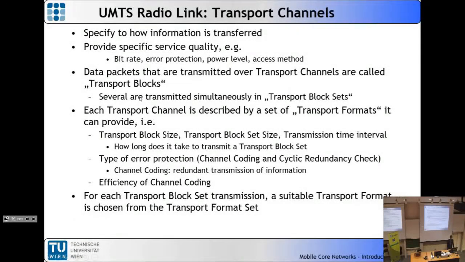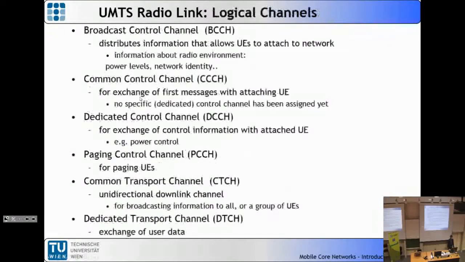So the transport channels itself, I have already to some extent discussed that, would be defining how information can be transported and specify a certain quality, like power level or access or also delay. If we go back here, we see also that if we are in a common channel, we are typically not synchronized, so the delay would be larger.